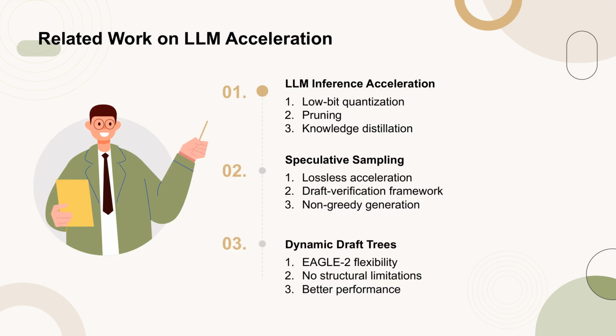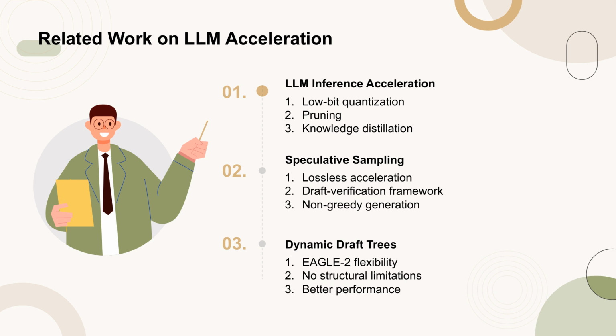In the field of large language model, LLM, inference acceleration, several methods have been proposed. These include low-bit quantization, pruning, and knowledge distillation. These techniques aim to reduce computational costs but often at the expense of model performance. Speculative sampling methods offer a different approach, achieving lossless acceleration by using the original LLM for verification.